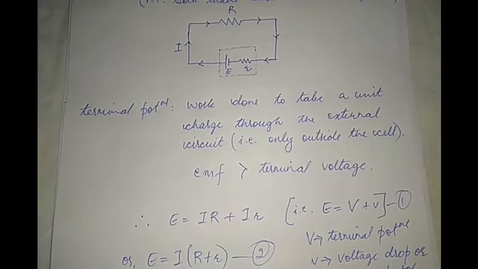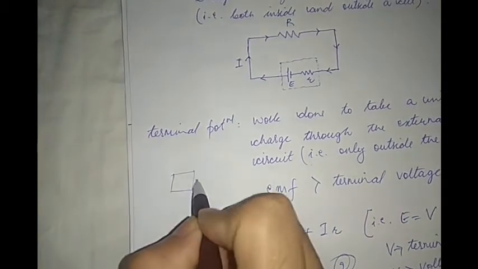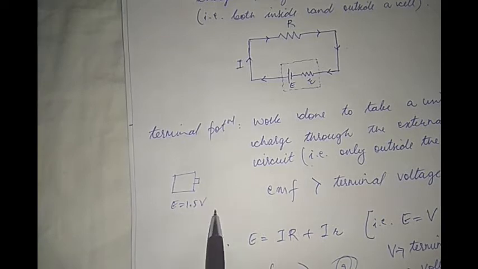If you take a freshly manufactured cell, say for example the EMF is 1.5 volt. In any cell that you buy, you will see its EMF value printed. Say it's 1.5 volts, and you take a voltmeter and measure its potential.